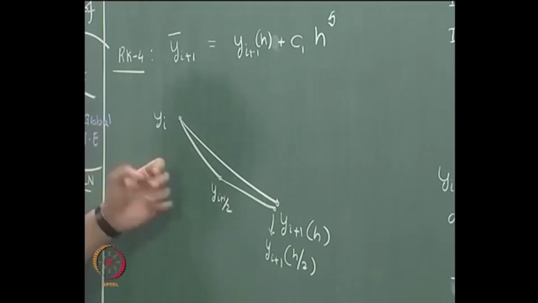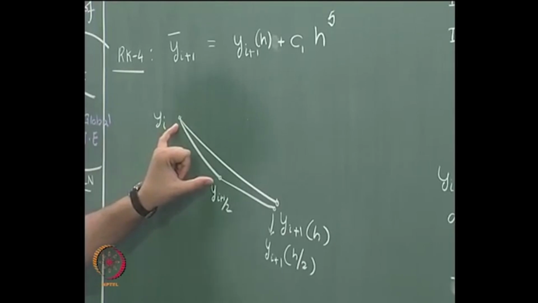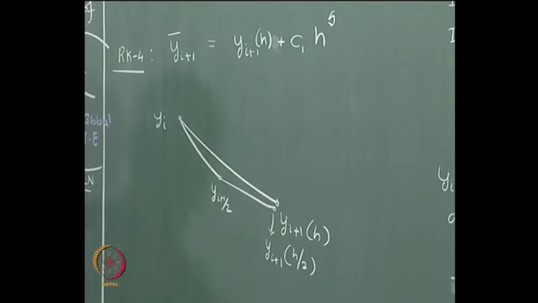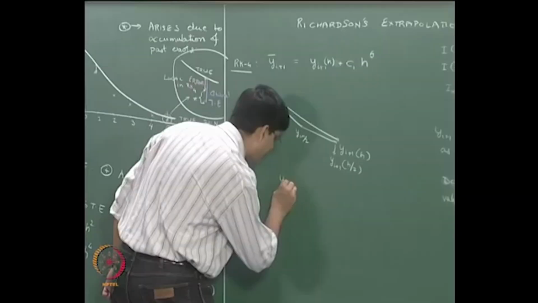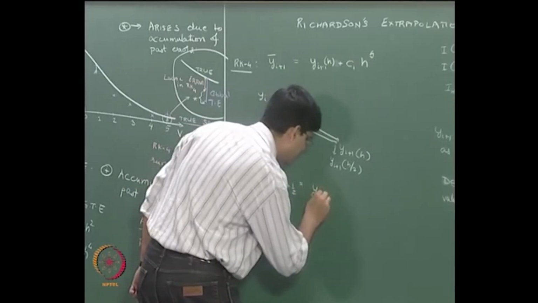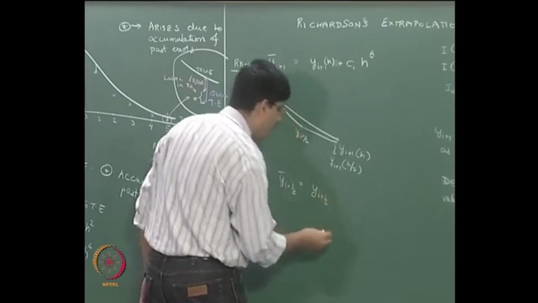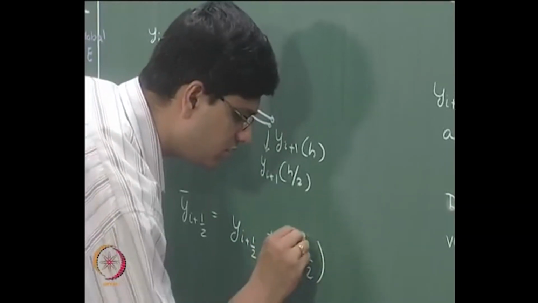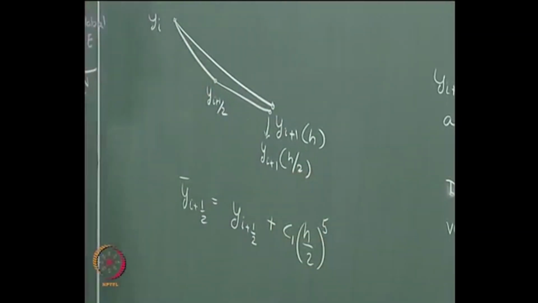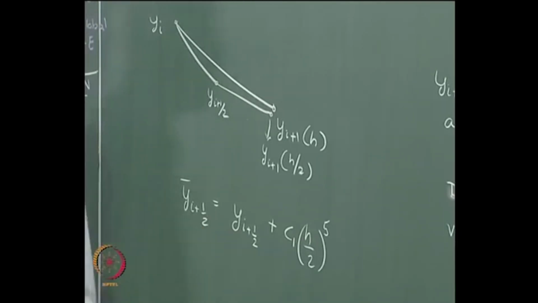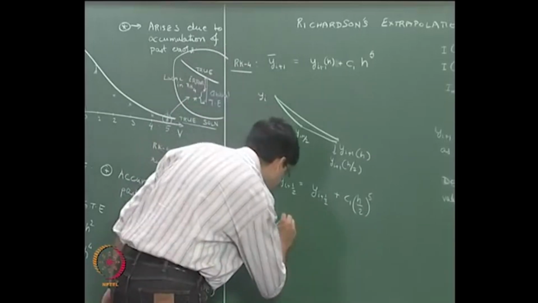Now, there will be an error associated with this particular step, as well as an error associated with this particular step. So we will have y(i+1/2) bar equal to y(i+1/2) plus C1 (h by 2) to the power 5. Okay. So this is going to be our true value of y(i+1/2).